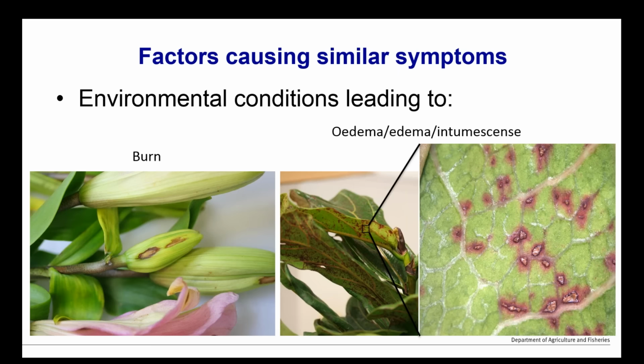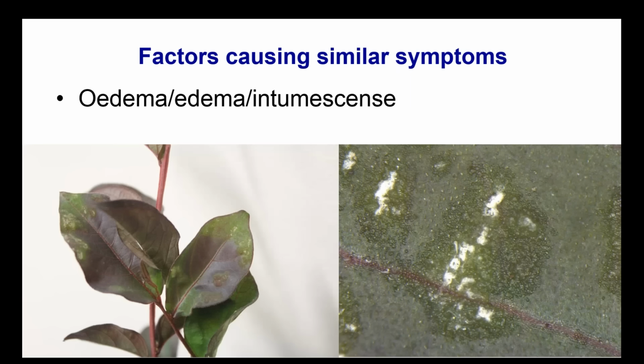Some of you will have encountered edema or intumescence, which is effectively where those cells have received more water than they can get rid of. And the symptoms can be quite variable. Different plants can produce slightly different symptoms, where it's often like this gall-like symptom. The cells have blown up, and then sometimes they can actually burst and become sunken.